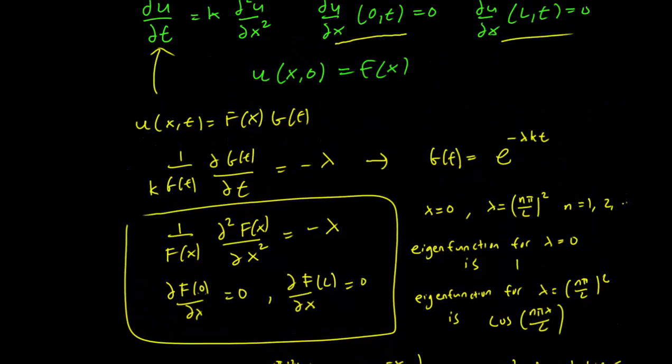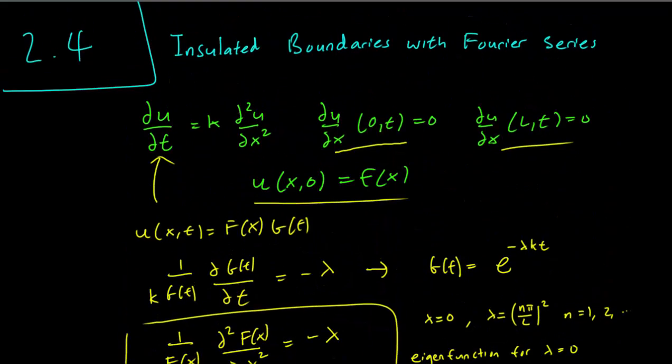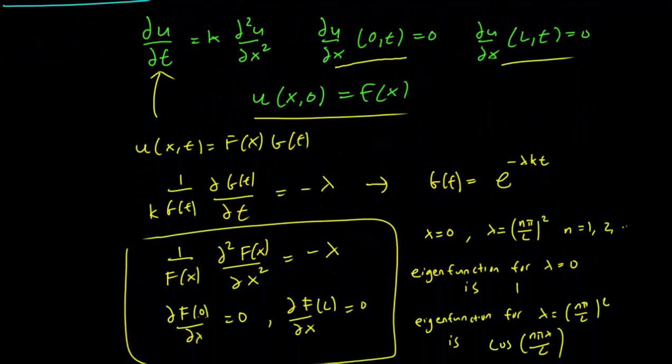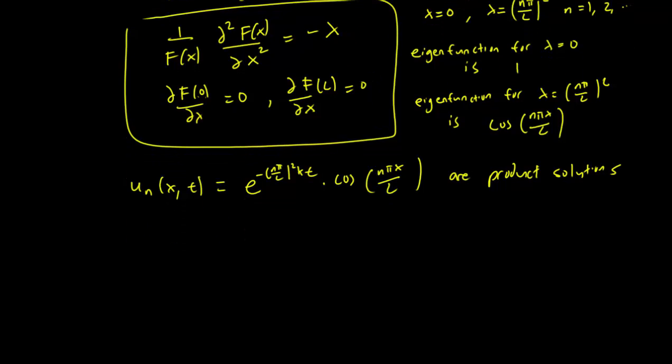So these are our product solutions. And again, if our initial condition f(x) were a sum of cosines of this form, we would be done, but we need to be able to express an arbitrary function in terms of cosines. But we also have a Fourier theorem for cosines, and it works more or less the same way.